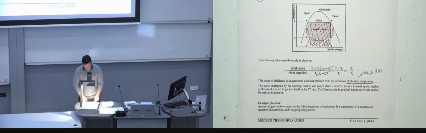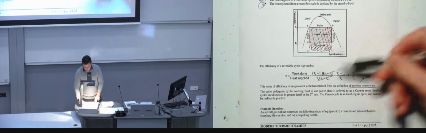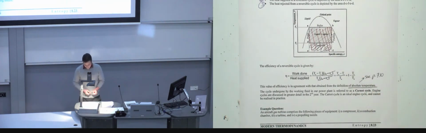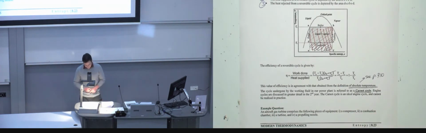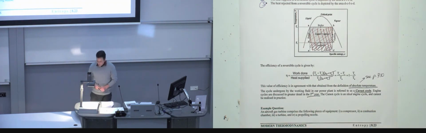And the cycle which you've just seen in here is actually what we call the Carnot cycle. As I mentioned, you're going to be looking at Carnot cycles and some of its features in the second year in more detail. But for now, just be aware that this is really an ideal engine.